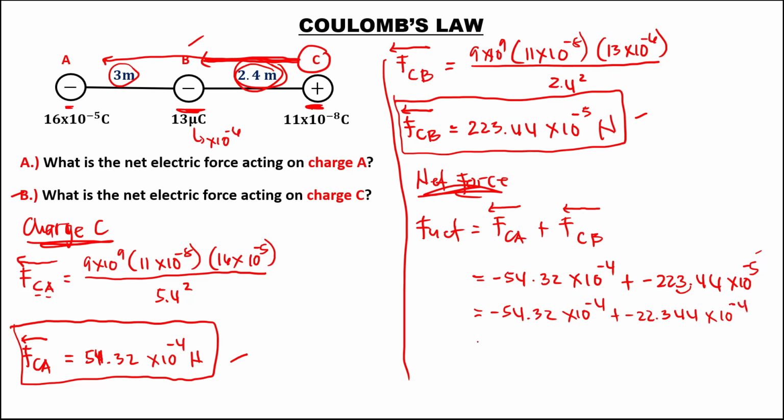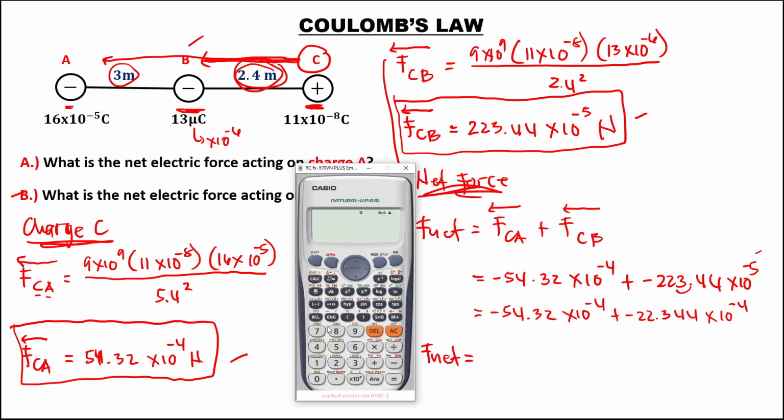So since the same exponents, we can add now the numbers. So we have the net force equals, so we have negative 54.32, then plus negative 22.344, then equal, so we have negative 76.66.